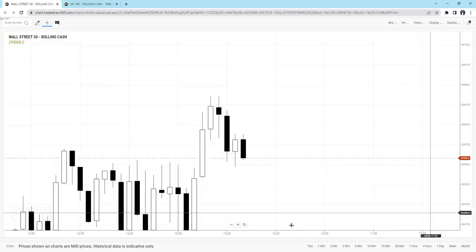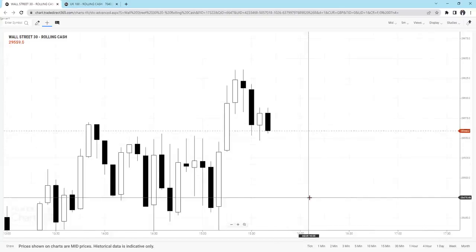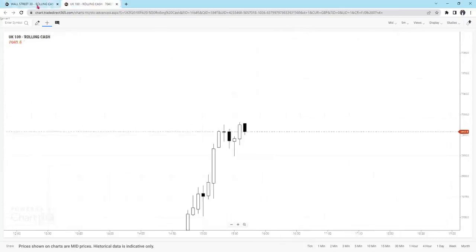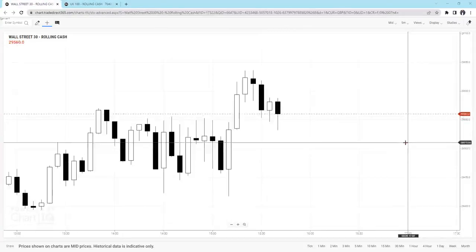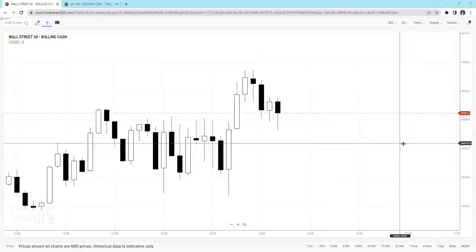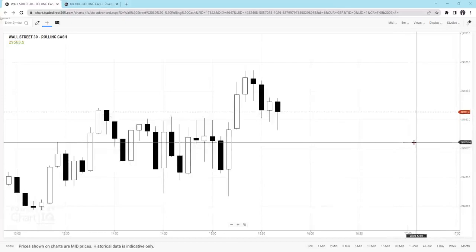Can't help but think that perhaps this market is not as strong as it portrays itself to be. I have a lot of time for Al Brooks, who has done this every single day for years.